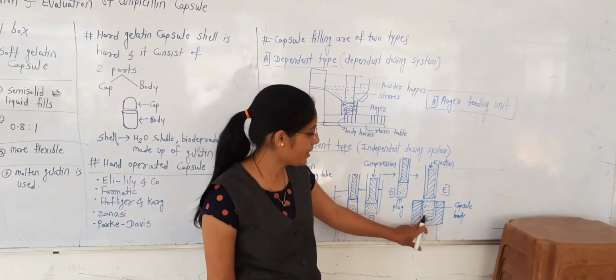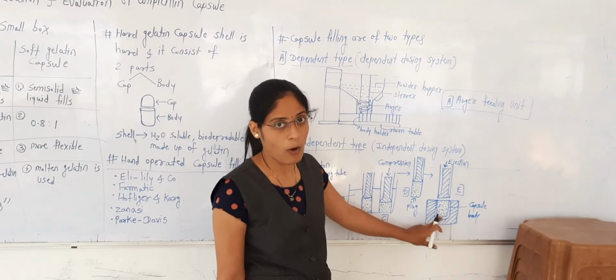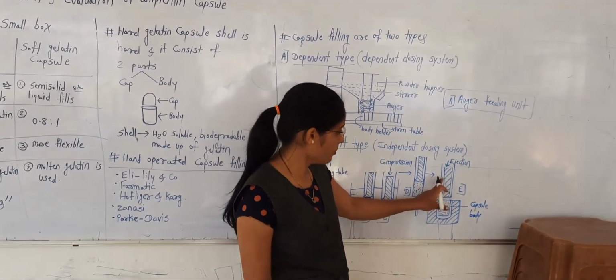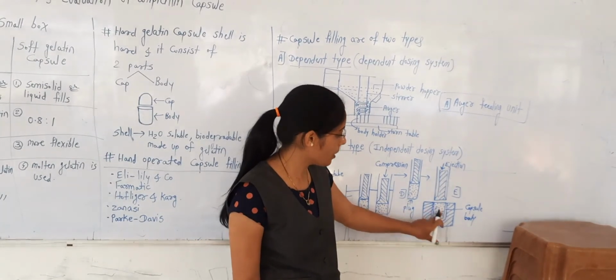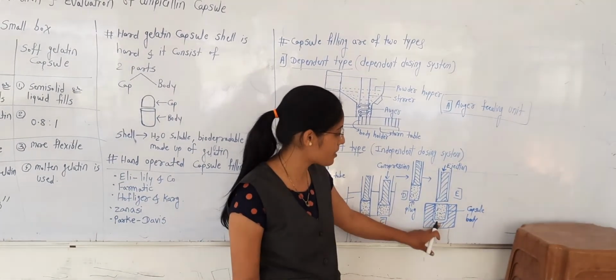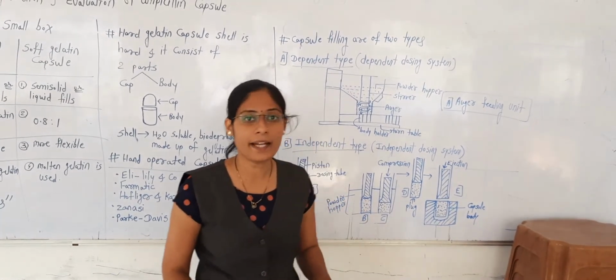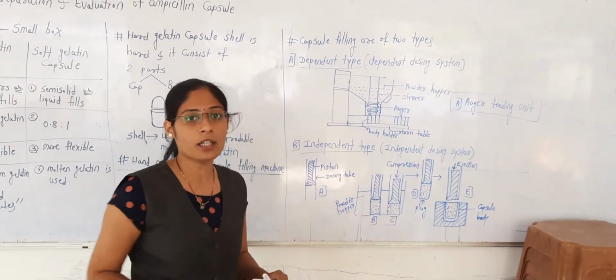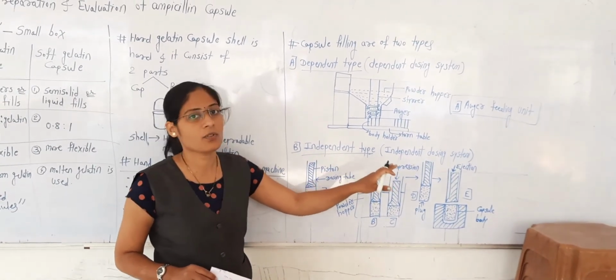Inside the empty capsule body part we fill the powder plug. This dosing tube slowly ejects the plug, and the plug moves towards the empty capsule body part. Then we fill that capsule with the help of that powder plug. This is called the independent type or independent dosing system.